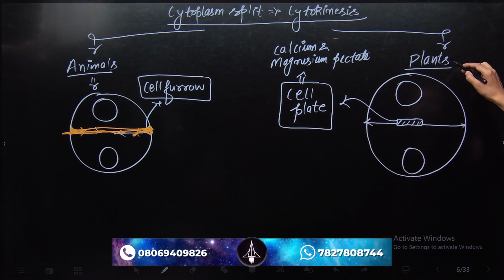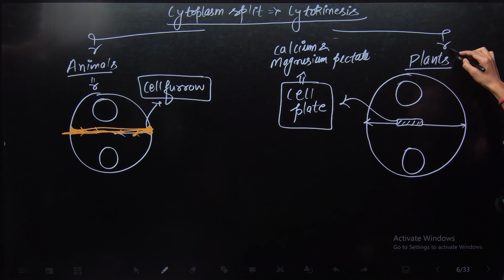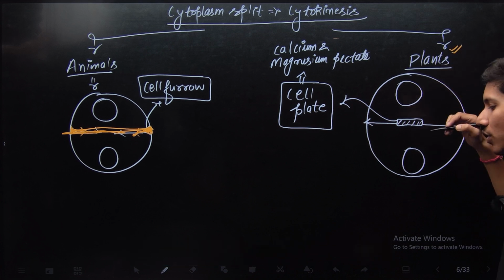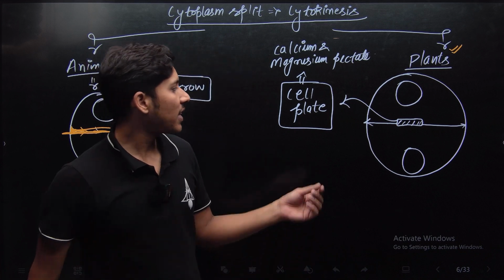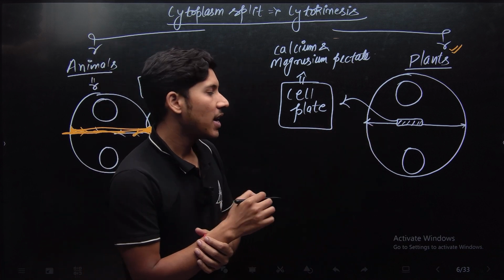Now the second one is plants. In plants, we know that there is a cell wall. That's why there is no furrow formation here.